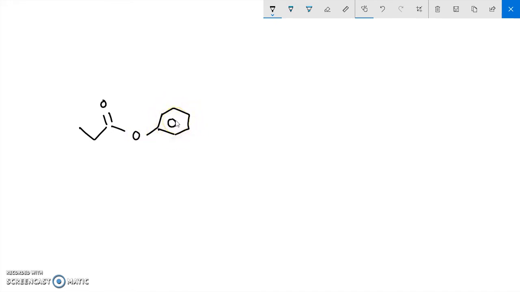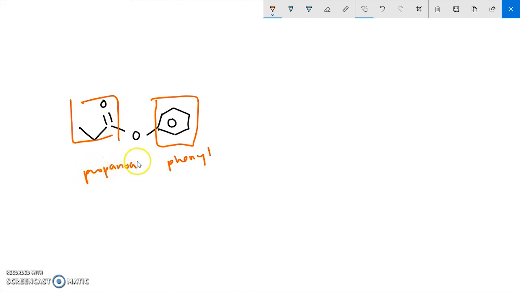This compound is named phenyl propanoate because the alcohol part is represented by the benzene group, which we treat as a phenyl from the alcohol part, while the other side, having 3 carbons from the carboxylic acid part, will be considered as propanoate. So the name will become phenyl propanoate.